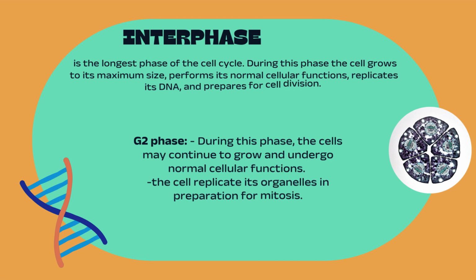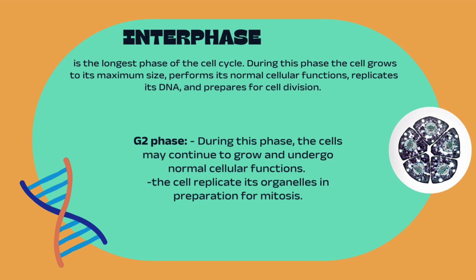Then the cell enters into the G2 phase. This happens after the cell has gone through the DNA replication or duplication phase. During this phase, the cell continues to grow and undergoes normal cellular functions, performing its functions in the body.